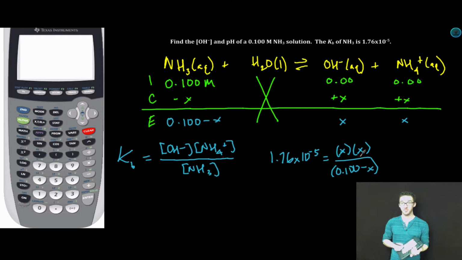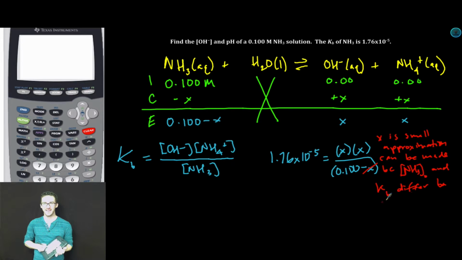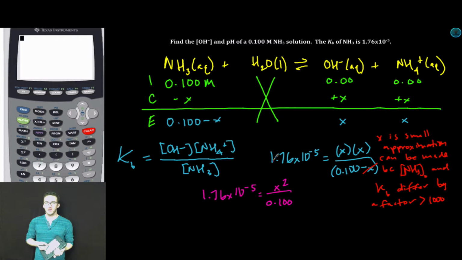Now, importantly, I'm going to do x is small approximation can be made because initial concentration of NH3 and Kb differ by a factor greater than 1,000. Always be explicit. Don't just drop your x and move on. But that works out nicely to simplify our expression to 1.76 times 10 to the minus 5 is equal to x squared over 0.100.